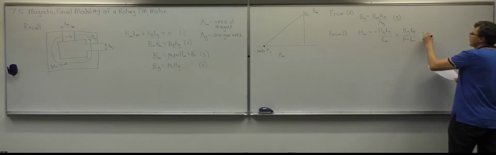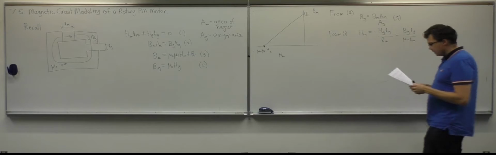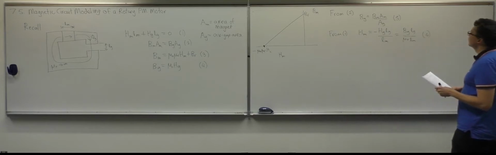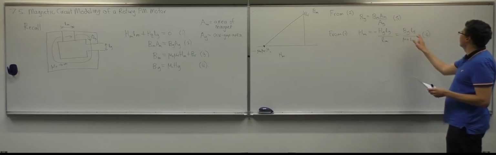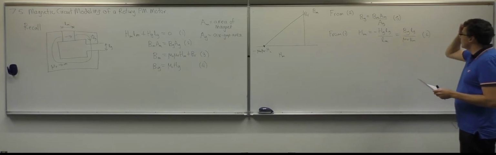That's equation 6. So then we can substitute 5 into 6 to eliminate Bg.